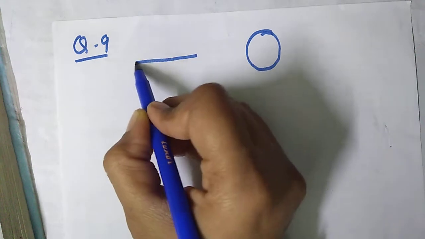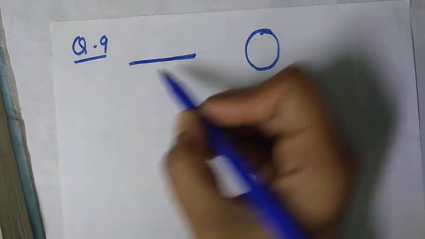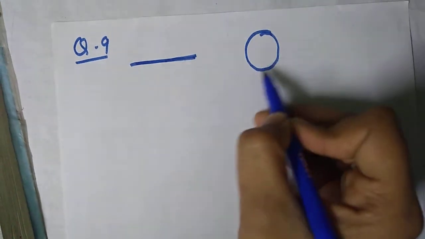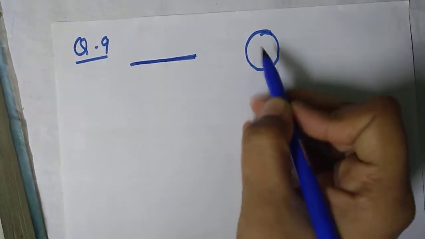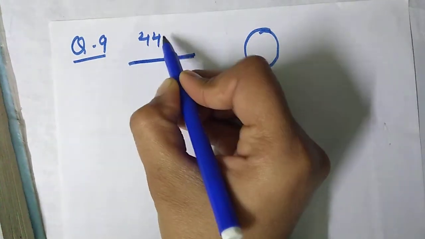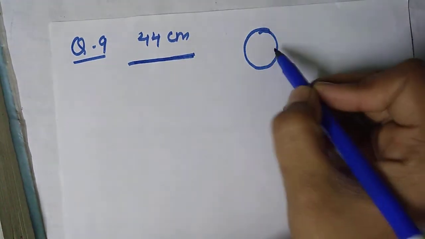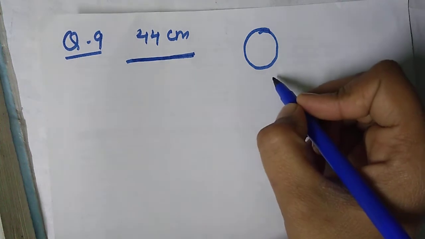it means the length of this wire will be equal to the circumference of the circle. Because the same wire is used for making the shape of a circle, and it is given that this is 44 centimeter, and this is the circle, so the length of its boundary will be 2 pi r.